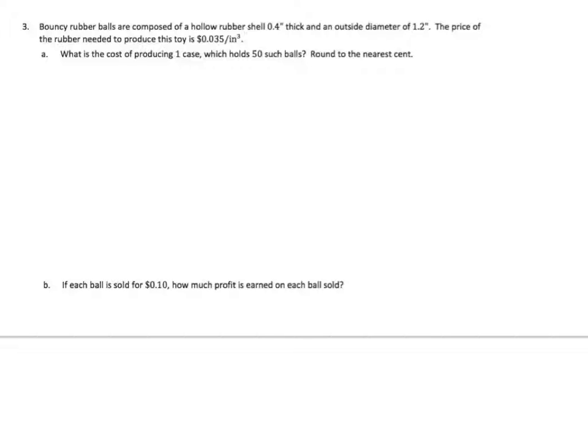Bouncy rubber balls are composed of a hollow rubber shell, 0.4 inches thick, and an outside diameter of 1.2 inches. If I sliced it, we would see that from the center out, all the way, well, we're going to divide that by 2.